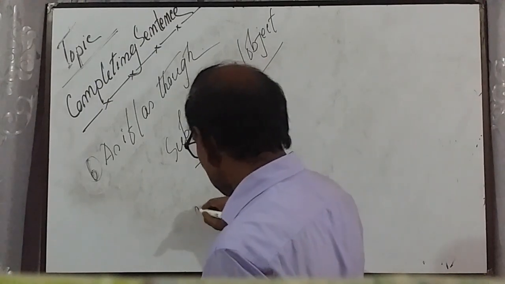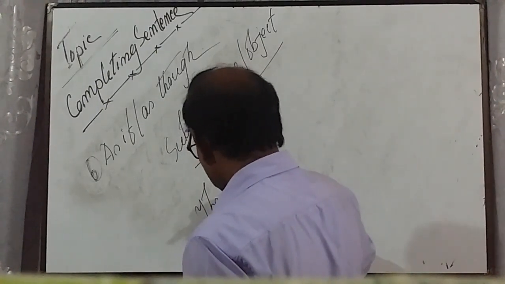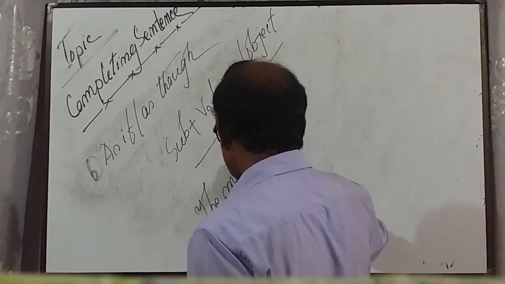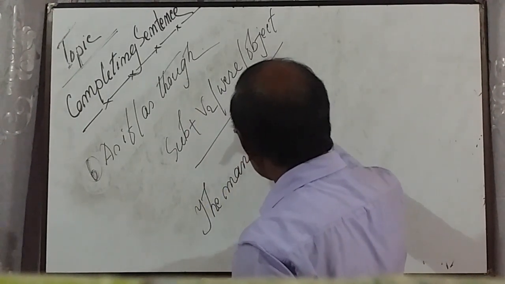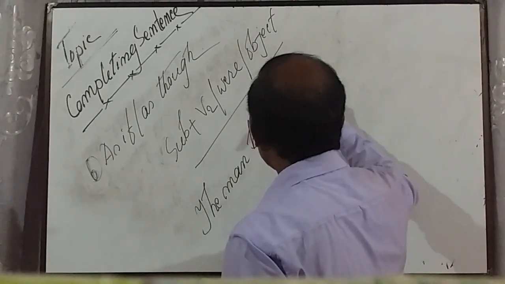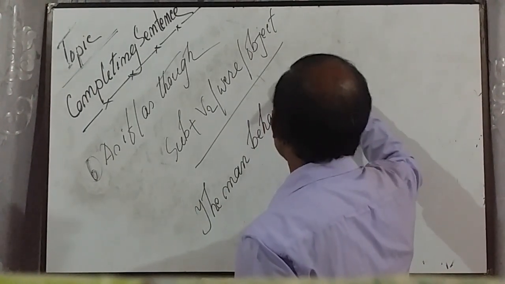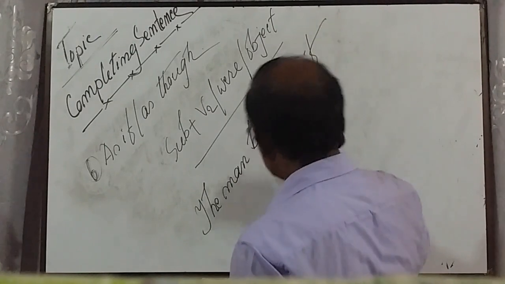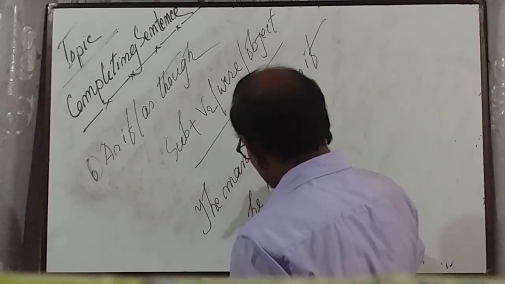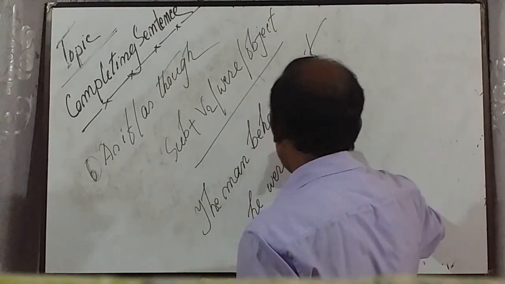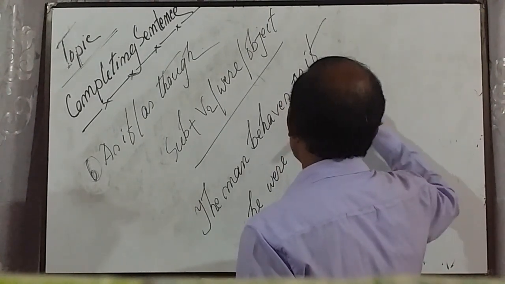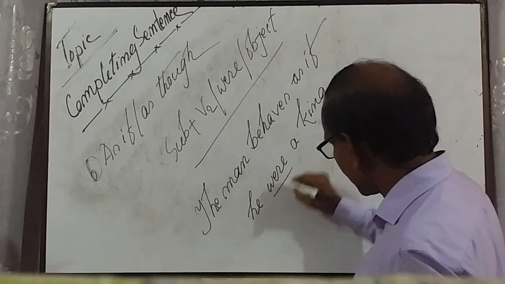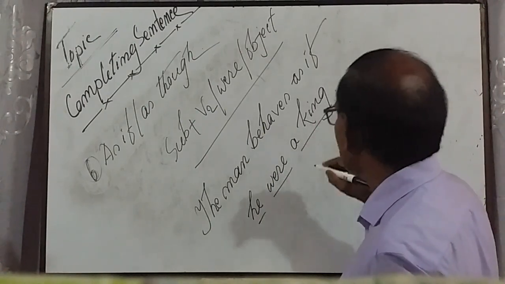Suppose, the man behaves as if he were a king. See, were: subject, were, and then object.